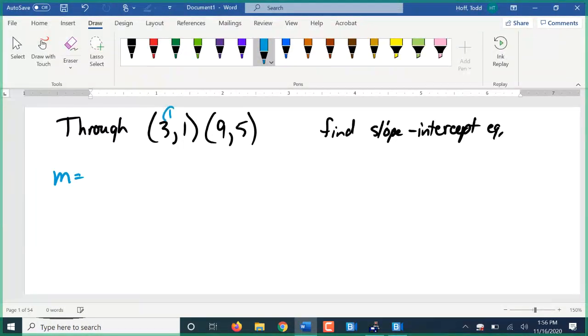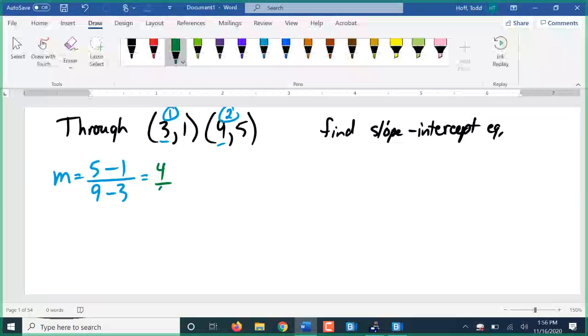We'll label them point 1 and point 2. Our slope, y2 is 5 minus y1 of 1, over x2 of 9 minus x1 of 3. 5 minus 1 is 4. 9 minus 3 is 6. Both 4 and 6 divide by 2, giving us 2/3.